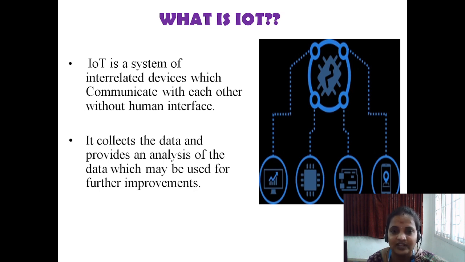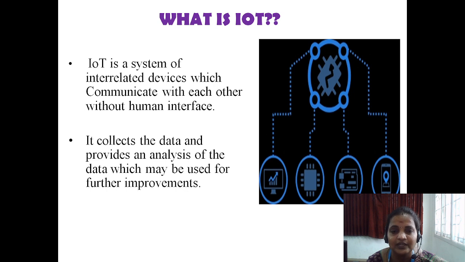So IoT is nothing but a collection of devices having the ability to collect the data and share the data. Once the data are collected and shared, they go to the cloud. How is it useful for humans? It makes work very easy and effective, without any human interface.